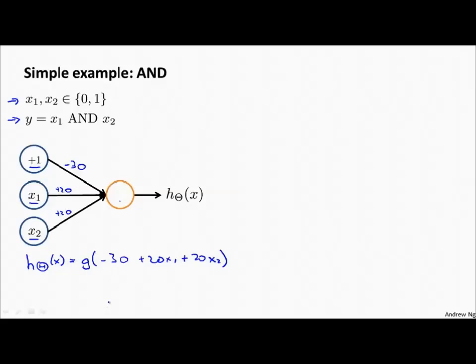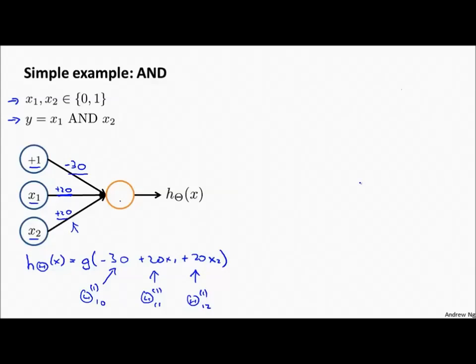Sometimes it's just convenient to draw these parameters up here in the diagram of the neural network. And of course, this -30 is actually theta 1 of 1, 0. This is theta 1 of 1, 1, and that's theta 1 of 1, 2. But it's just easier to think about it as associating these parameters with the edges of the network.